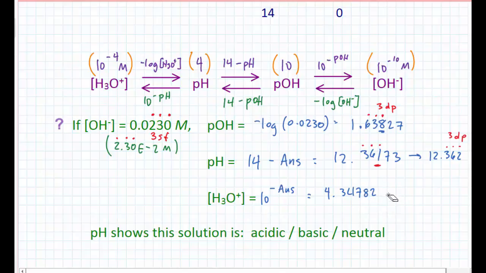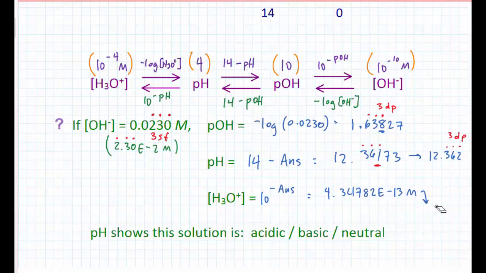4.34782, something like that, times 10 to the negative 13. But this one, we absolutely do have to round, because that's our final answer. It's molar. The p-values had decimal places. The concentrations will have that same number of significant figures. Okay?